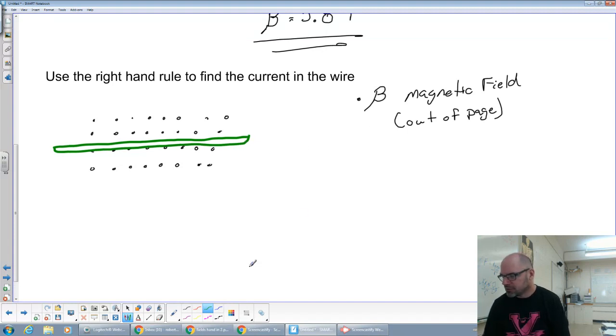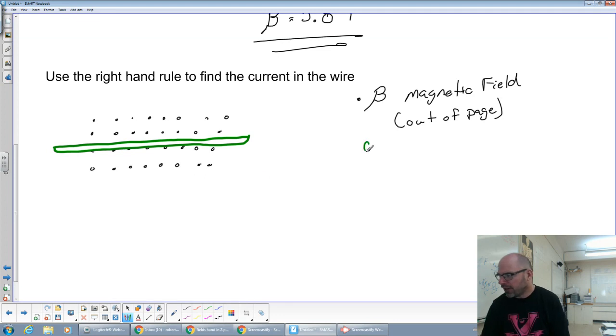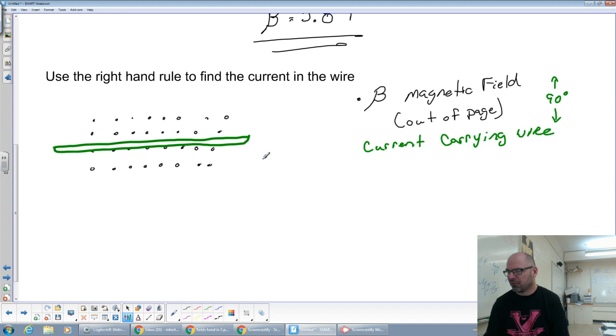So this is a current carrying wire across the field, and these are at 90 degrees between those two. That one's coming out. This one's going to be going either left or right, we don't know. And let's say that it's experiencing a magnetic force going up.